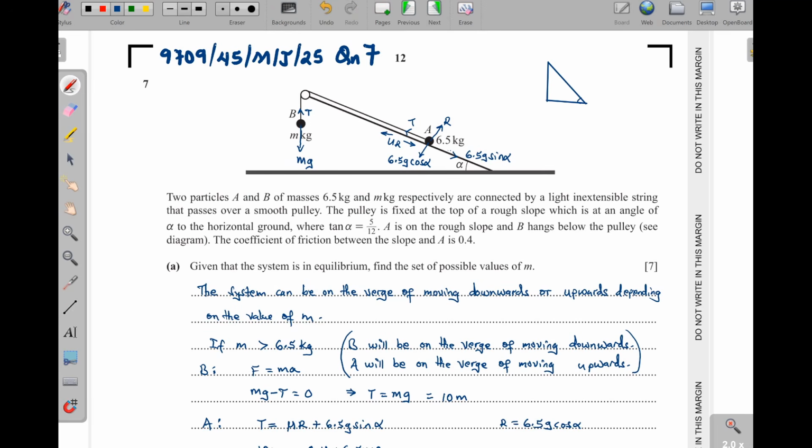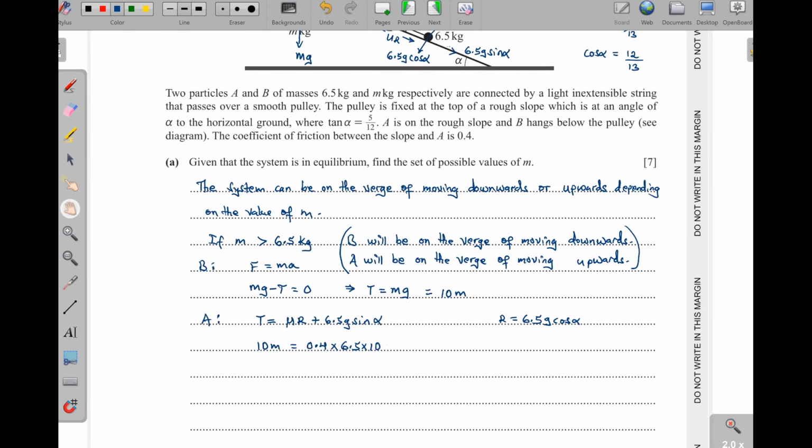So I have alpha here. Tan is opposite over adjacent. So we have the square root of 5 squared plus 12 squared: 25 plus 144 is 169. Root of 169 is 13. So sine alpha, which is opposite over hypotenuse, will be 5/13. And cosine alpha will be the adjacent, which is 12, over the hypotenuse, which is 13.